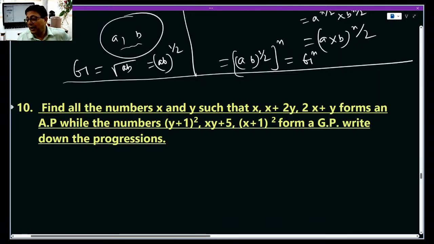All numbers x, y such that they form an AP. What is the condition there? Tell. X, x plus y, 2x plus y form an AP.